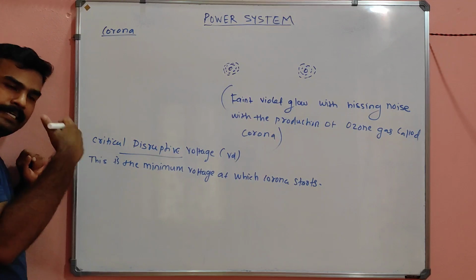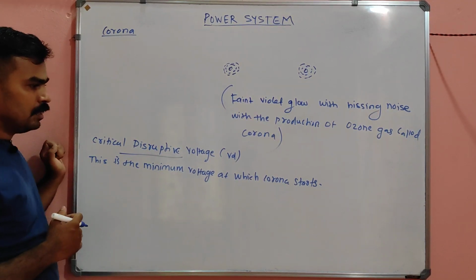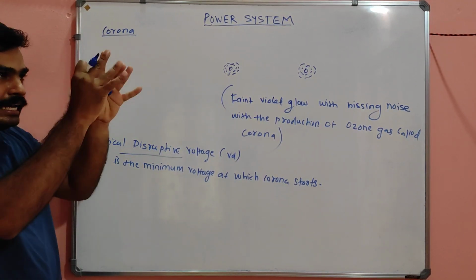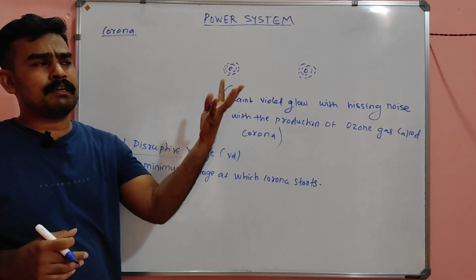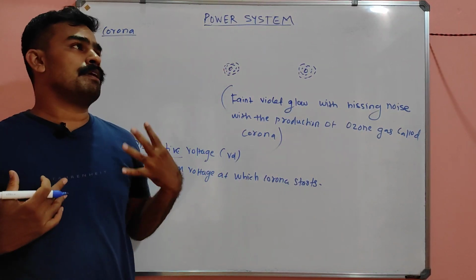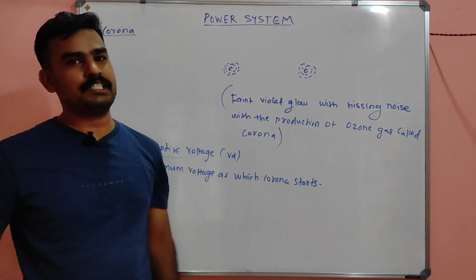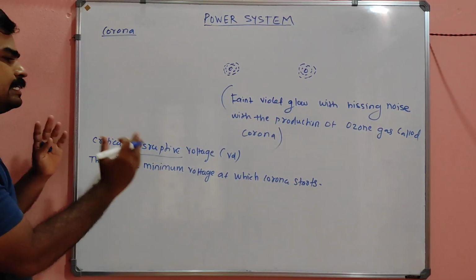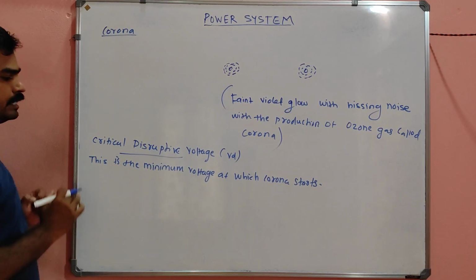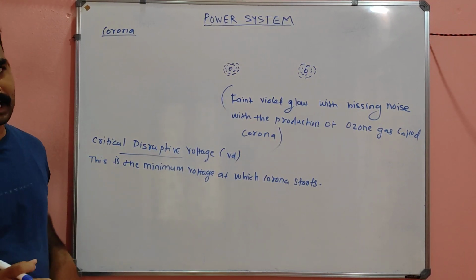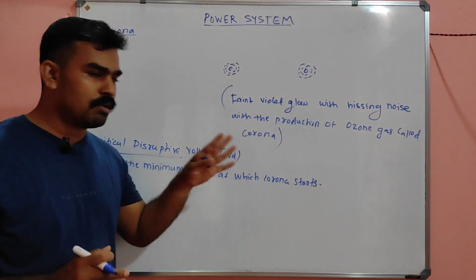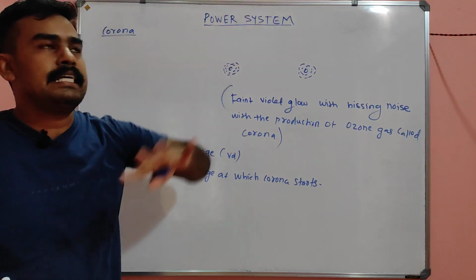That is greater than this critical disruptive voltage. Even though the air is ionized and some gases are produced, for a human being it should be noticeable, up to a certain level. That is why it is called the critical disruptive voltage, the minimum voltage at which the corona starts.